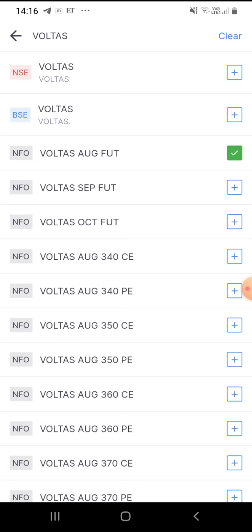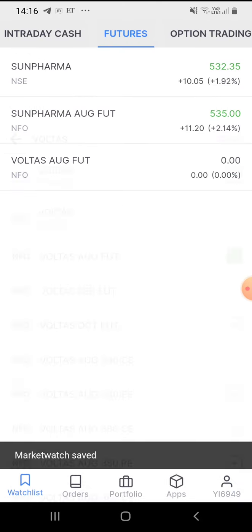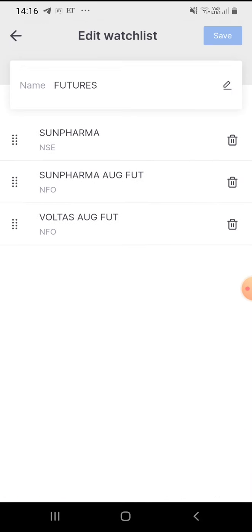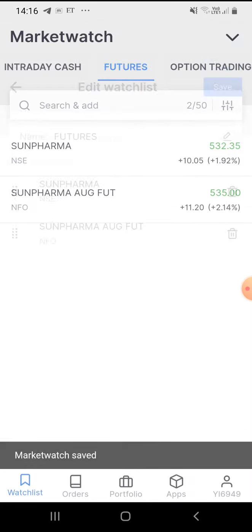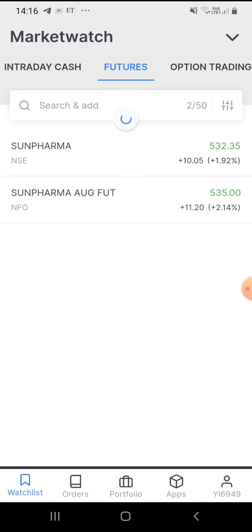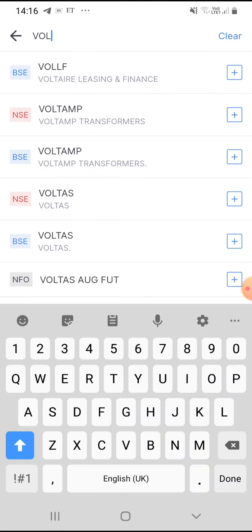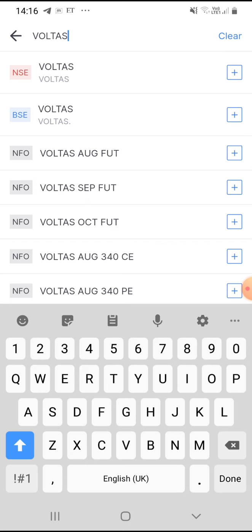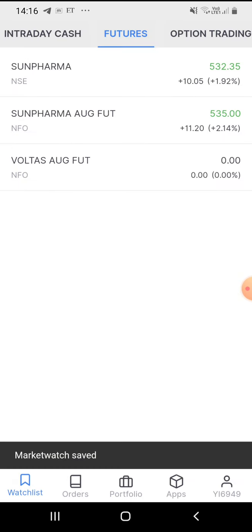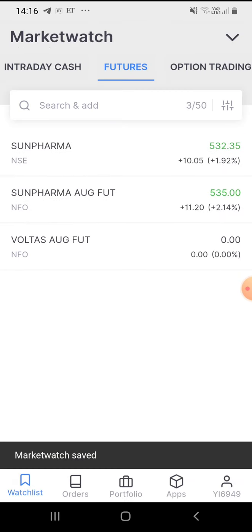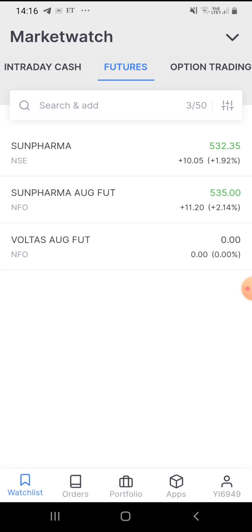We are just typing, you can see that. I will add one more time. If we need to add Voltas, search and add, just type Voltas. This August future comes, just select. Pretty simple.